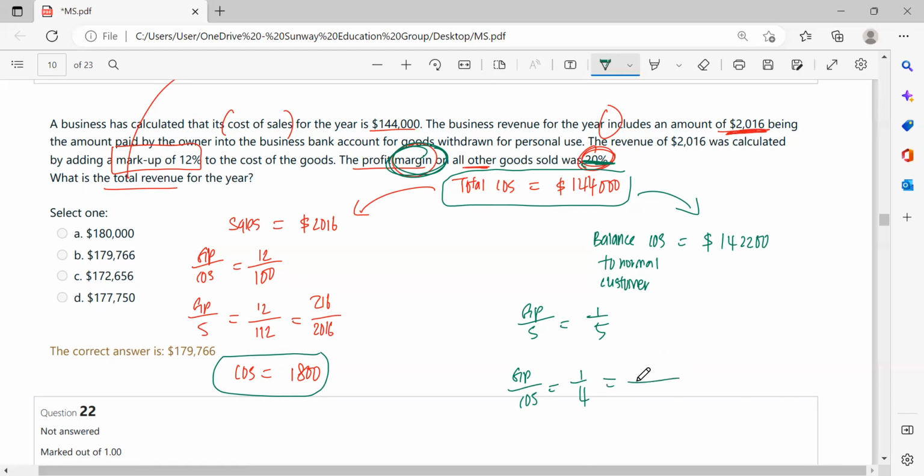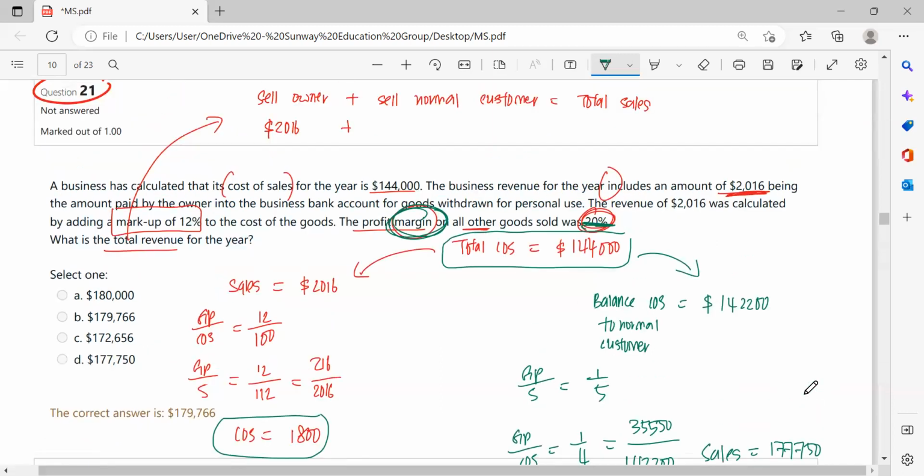So my cost of sales is 142,200. And therefore, I know my gross profit is 35,550. Then when I add up these two, I should get my sales of 177,750. This is the sales to normal customers.